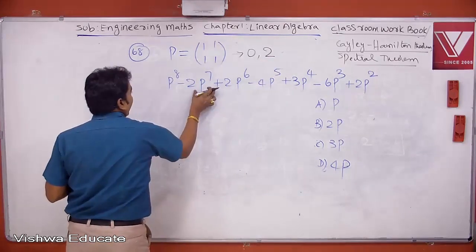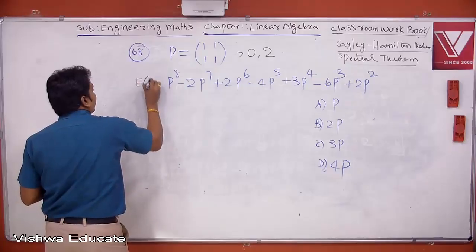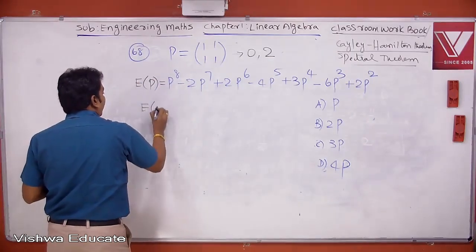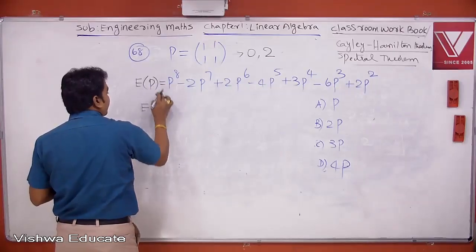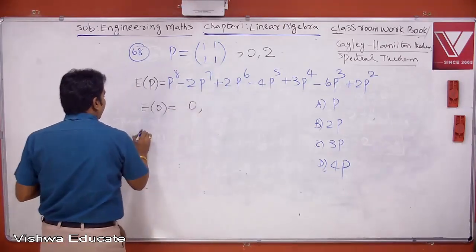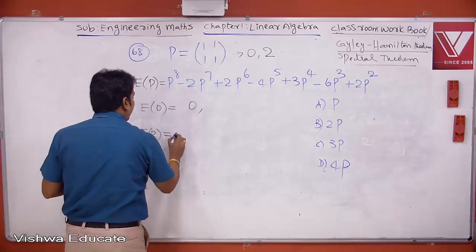Now let us try to find eigenvalues of this polynomial expression. We call this E of P. Therefore one of its eigenvalues is E of 0. Replace P by 0, you will get 0. Second eigenvalue is E of 2. Replace P by 2.